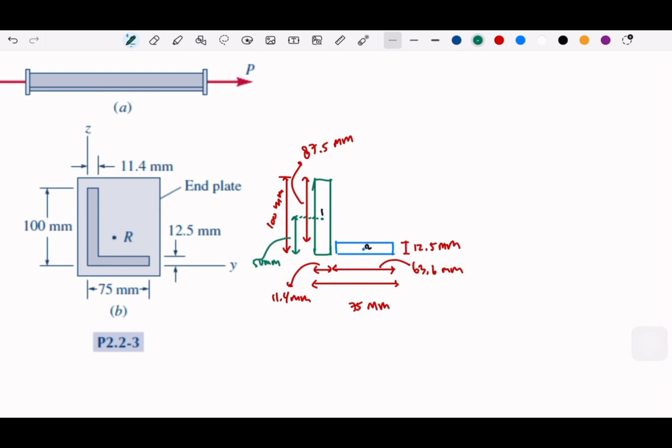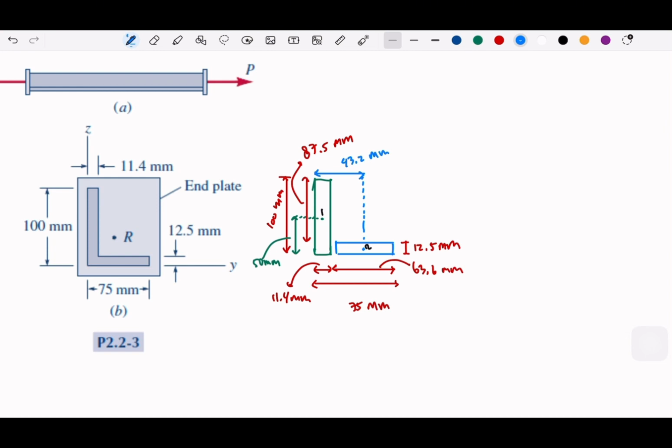And this one is from here to there. Okay, that will be 63.6 divided by 2 plus 11.4. This will be 43.2 millimeter.